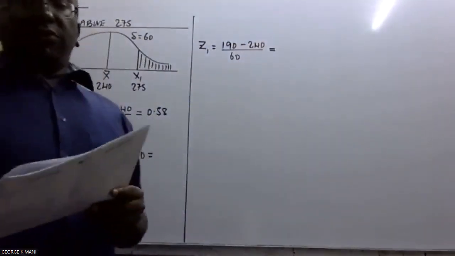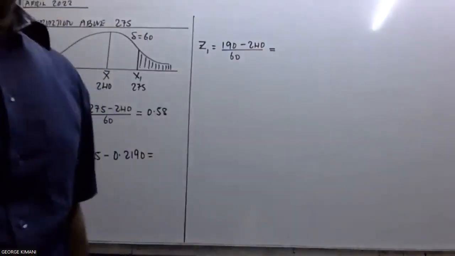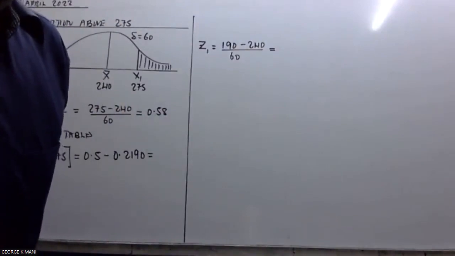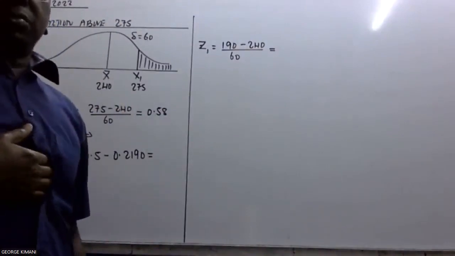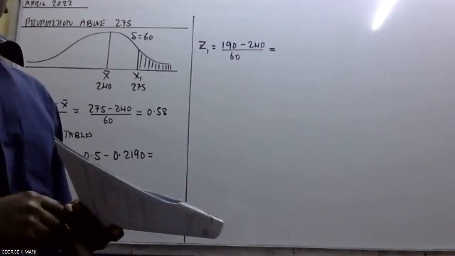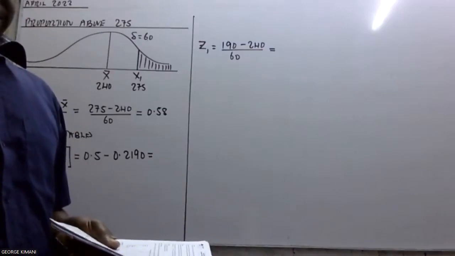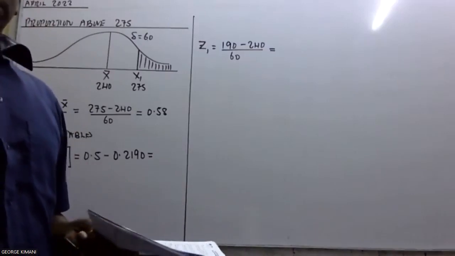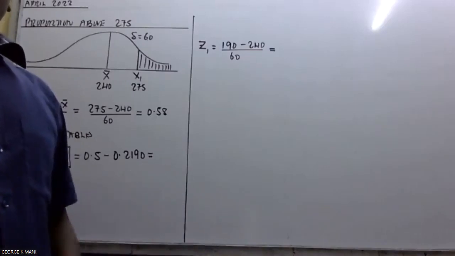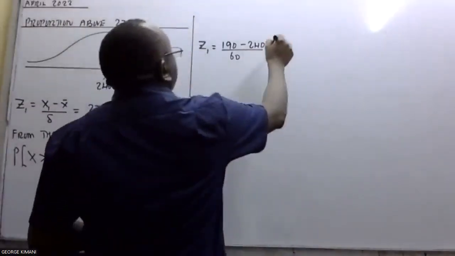Send me what you got for Z1. Minus 0.83.